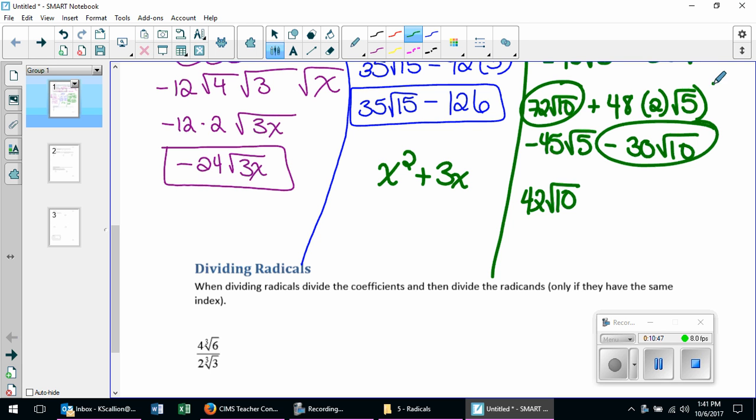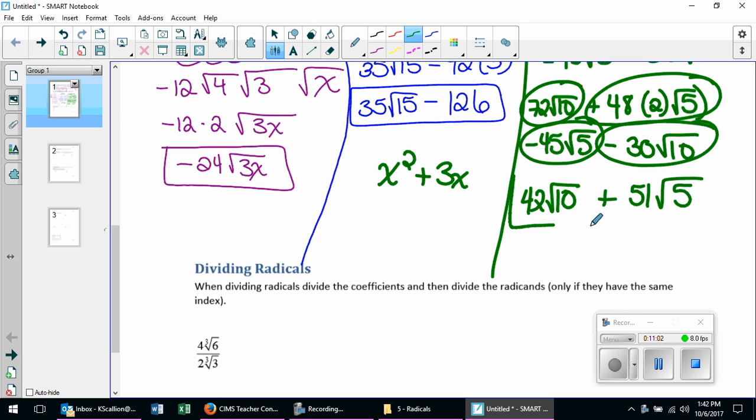So I've got a 96 root 5 here, and I've got a 45 here. Plus 51 root 5. Woo, I skipped a bunch of steps. And I think you're okay with that. If not, we'll talk about it later.